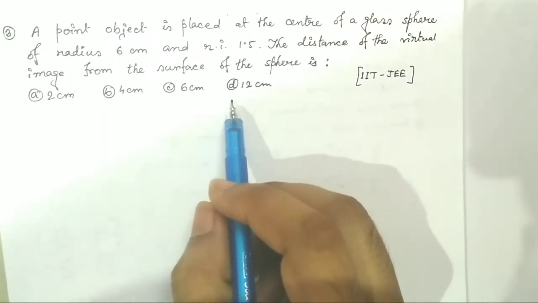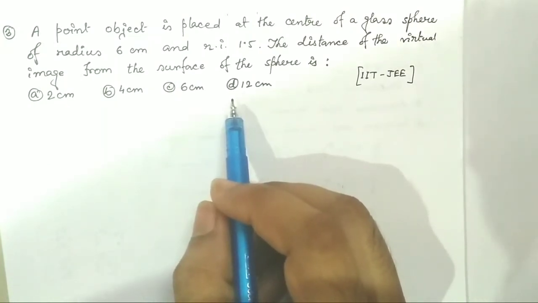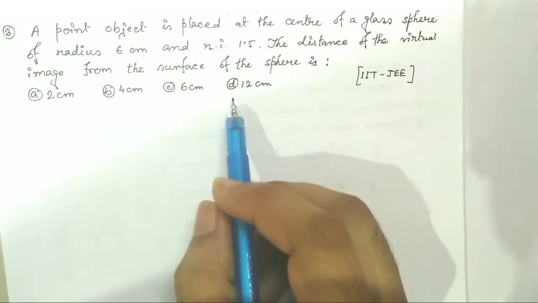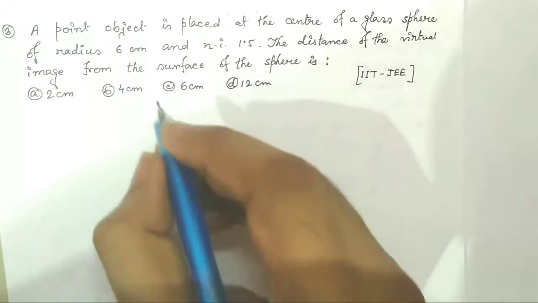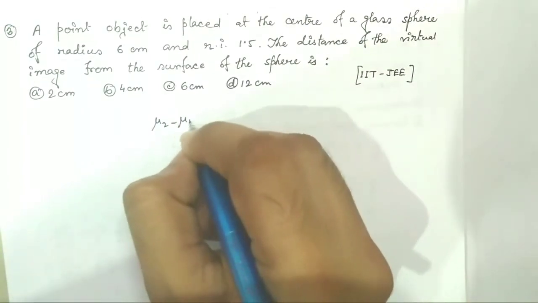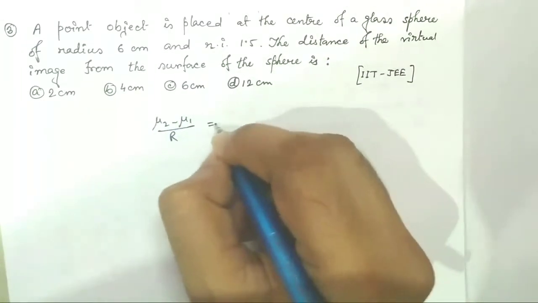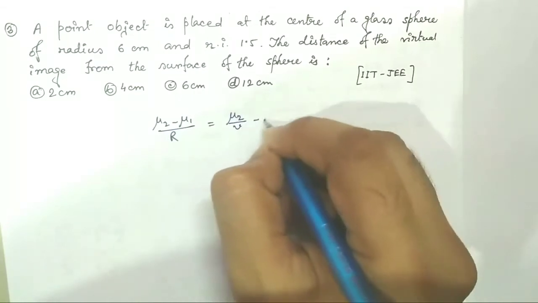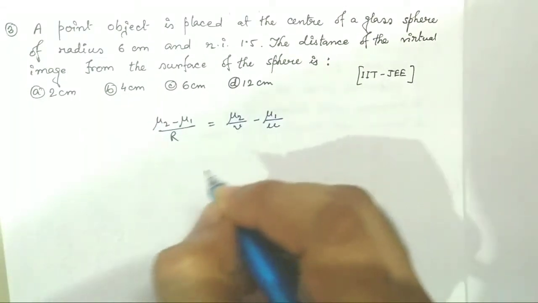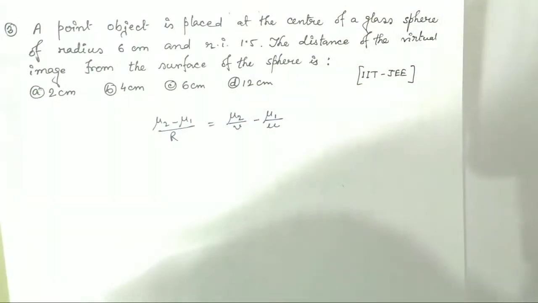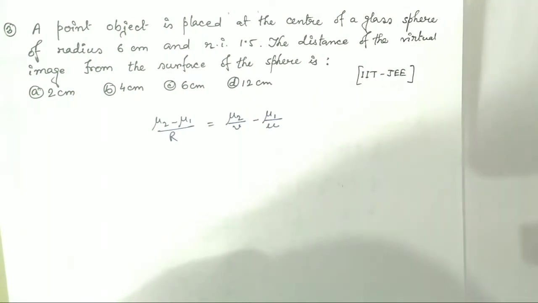First of all, we have to know the formula of refraction from a spherical surface. The formula for the refraction is mu2 minus mu1 by R equals mu2 by v minus mu1 by u. I will explain and derive this formula later.